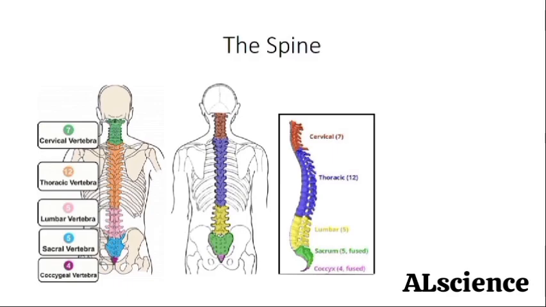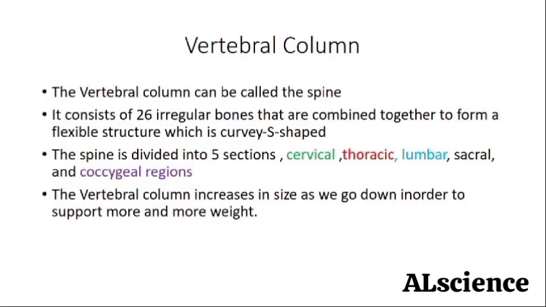So let's talk about the vertebral column. The vertebral column can also be called the spine. The spine consists of 26 irregular bones that are combined together to form a flexible structure, which is curvy, S-shaped.